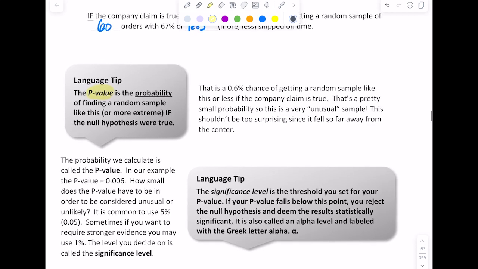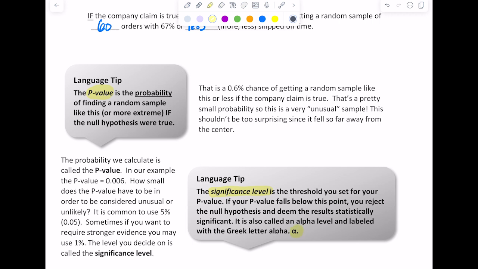So how small is small? What we use is what's called a significance level. That will help us determine whether the probability that we got, or the p-value, is actually small. So the significance level is the Greek letter alpha.